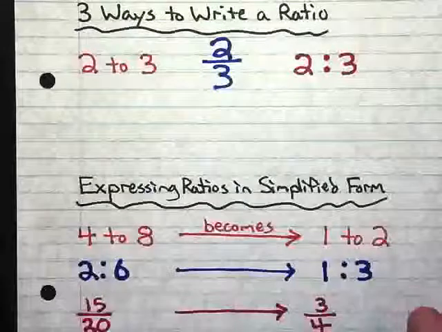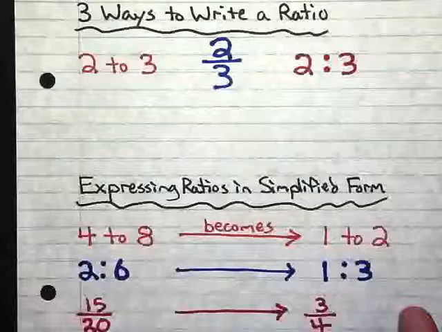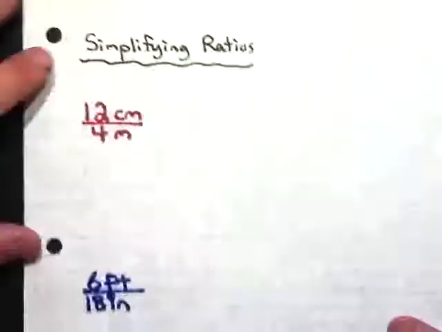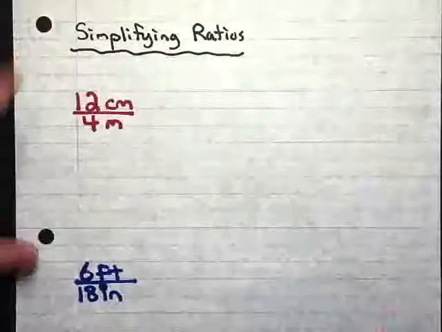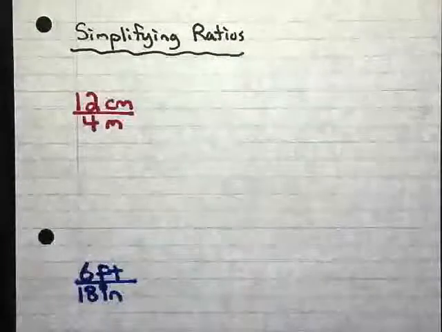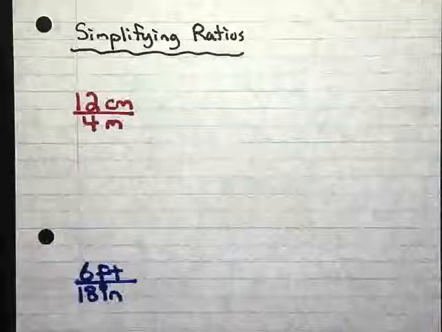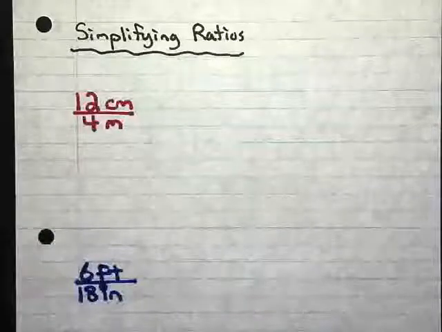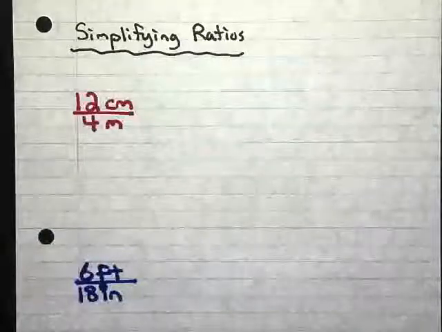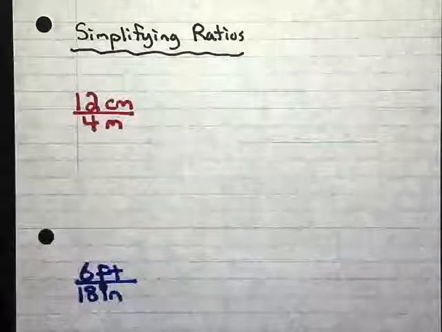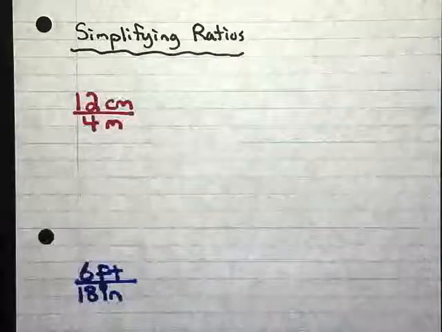All right. So let's look at how we can actually simplify ratios when we're given units of measure that go along with it. All right. And you can see here that for our first problem, we're given 12 centimeters divided by 4 meters. Well, we can't really reduce this down right now because our numerator's in centimeters and our denominator's in meters.